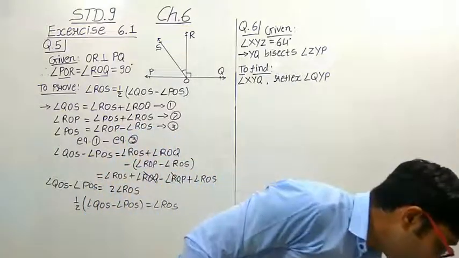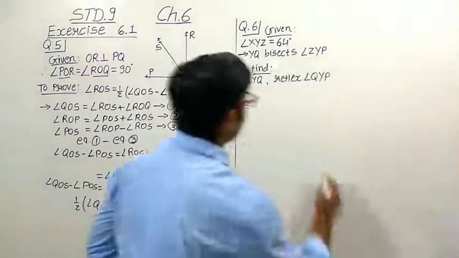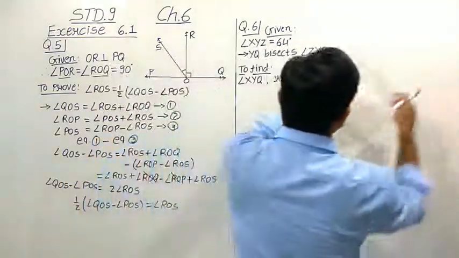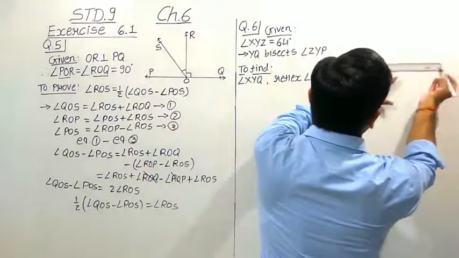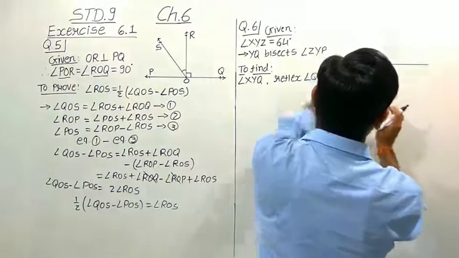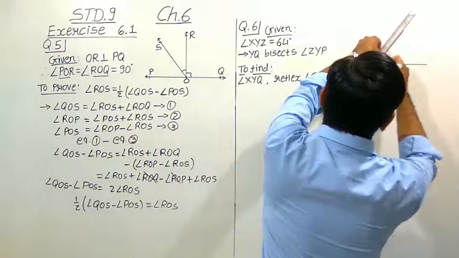So see, here we do not have the diagram given. So let us first draw the diagram. First of all, we have to construct the angle XYZ, that is of 64 degrees. So here we can approximately take the 64 degrees.